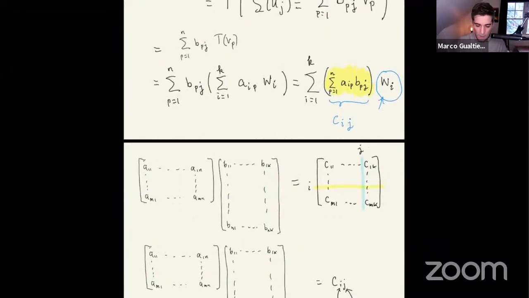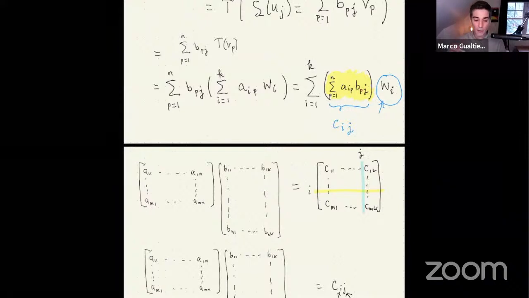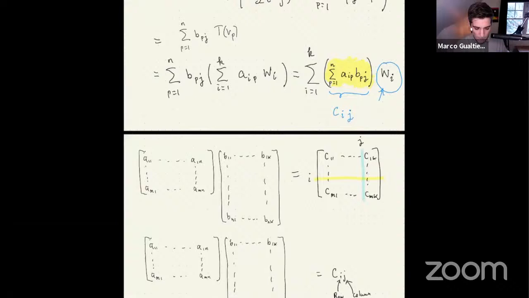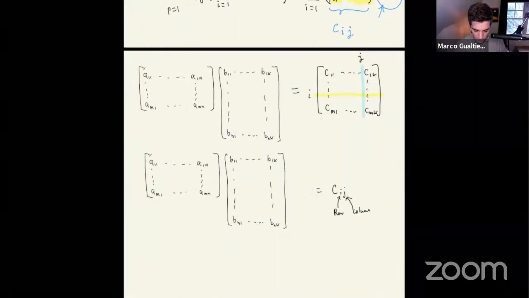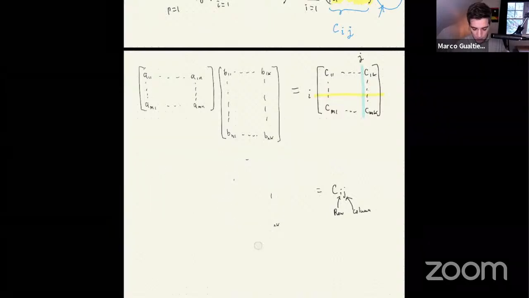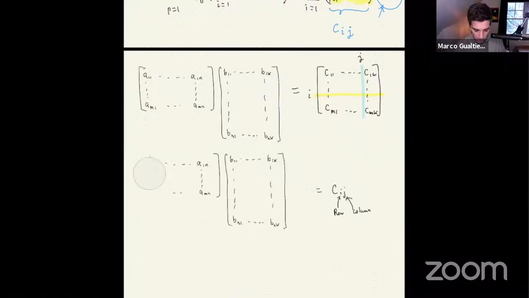It's given by a sum of entries of A, which lie in the ith row, and the entries of B, which lie in the jth column. Actually, I'll just draw one picture so that it summarizes everything.